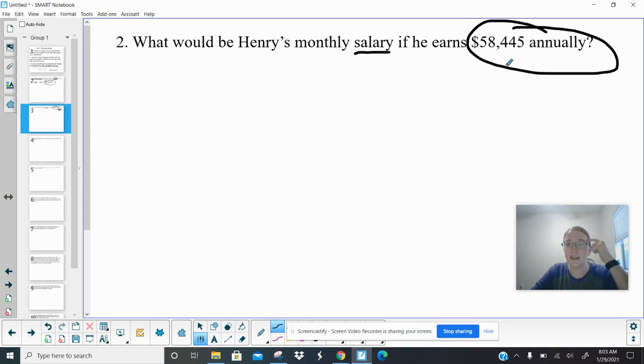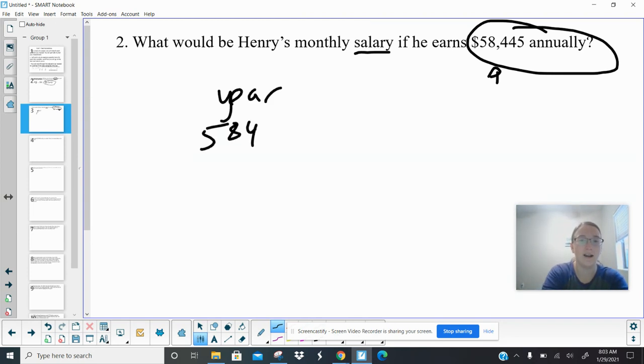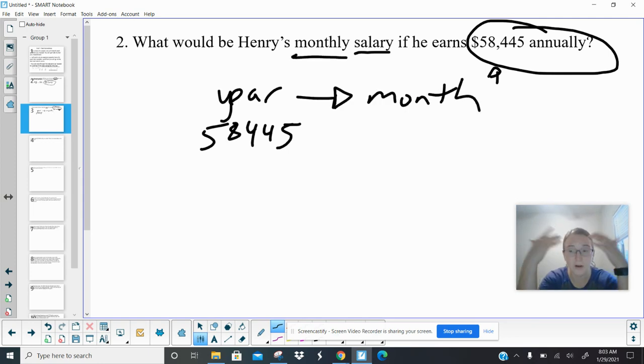So what you had to think is, this is the year and we want the month. We're going from a year, 58,445, to a month. Yes, I understand the word month came first and then annual came afterwards, but we are given the year, which is why we put it first.